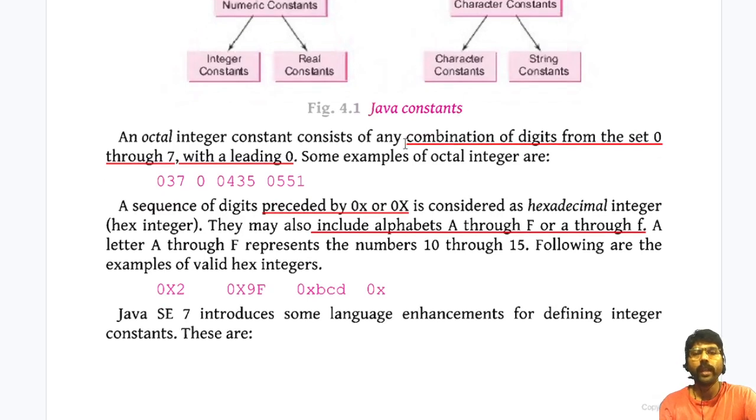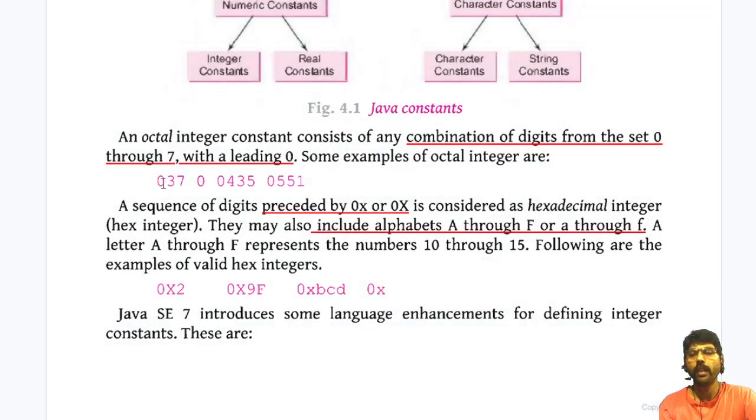Octal means 8. So an octal integer contains 8 digits, that range from 0 to 7. In octal, the digits we use are always between 0 to 7, and an octal number always starts with a 0.